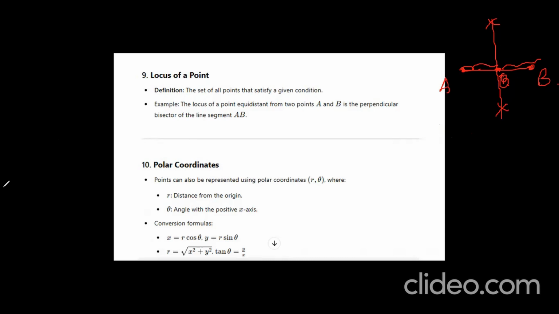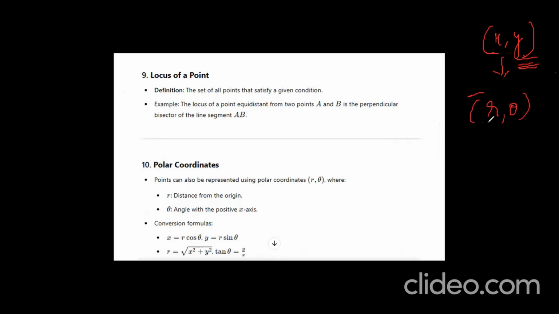Next, polar coordinates. We know points are represented in the form of x and y. X coordinate can be called abscissa and y coordinate can be called ordinate. In the same manner, you can express these in polar coordinates r comma theta. What is r and what is theta? Distance from the origin is called r, and the angle with the positive x-axis is called theta.